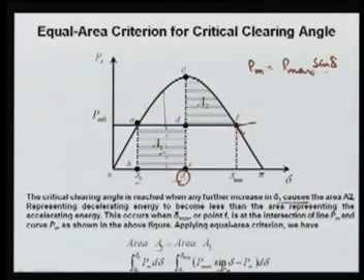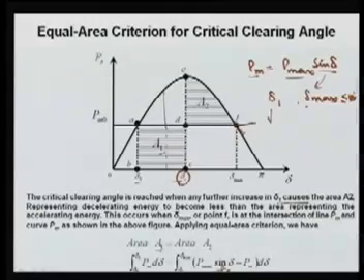Solving it, you will get two values of delta: one will be delta 1, another will be delta max, and these values will be less than or equal to 180 degrees, since we are talking about up to pi. So we will get two values.